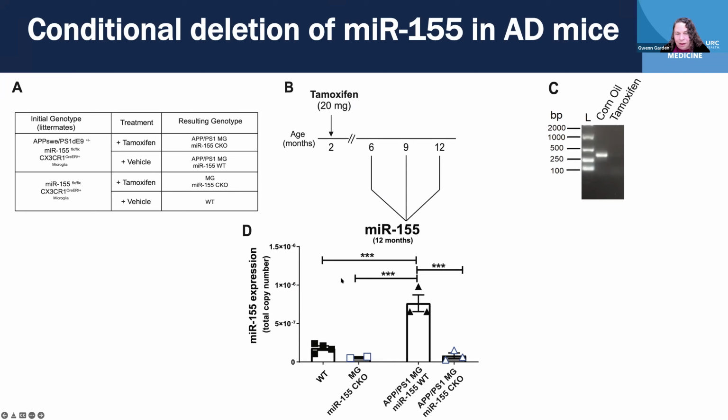And then this is the DNA, and here's the actual miR-155 measurements. When we FACS isolated microglia from these different groups, we saw that, first of all, in the APP-PS1 mouse model of AD, there's a big increase of miR-155 in microglia. And when we gave the animals tamoxifen, they lost expression of that miR-155. Okay, so what happened to the mice?